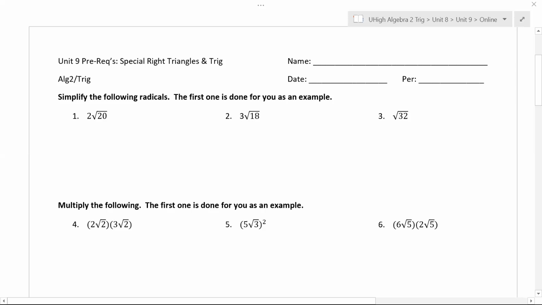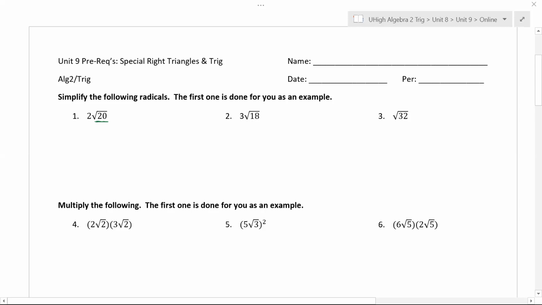We want to simplify the radicals. It says the first one's done for you as an example, and we're going to do that now. Okay, so simplifying radicals, remember what we want to do is take a look at what's inside of our radical, and see if we can break it up into a perfect square times a number.